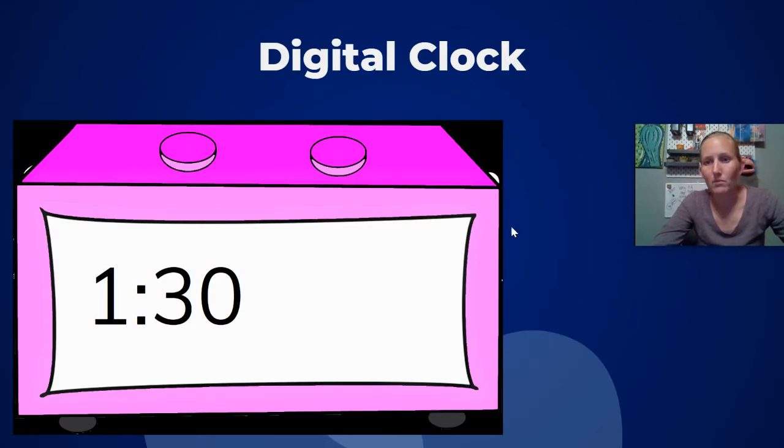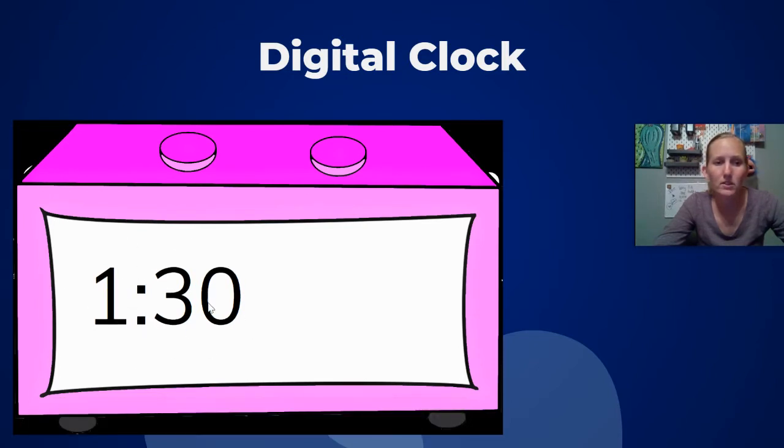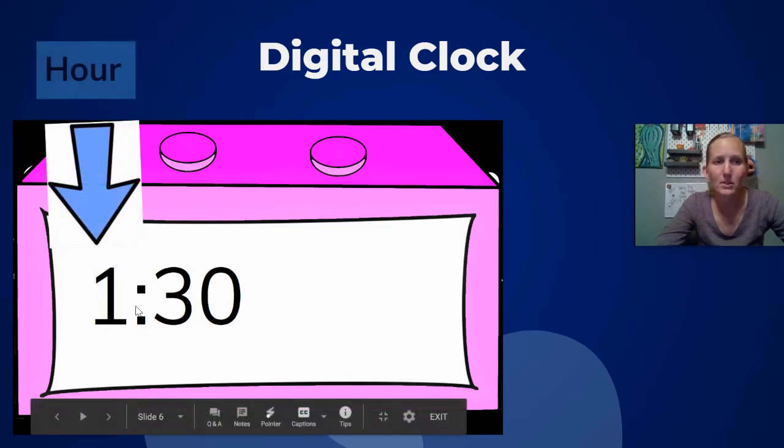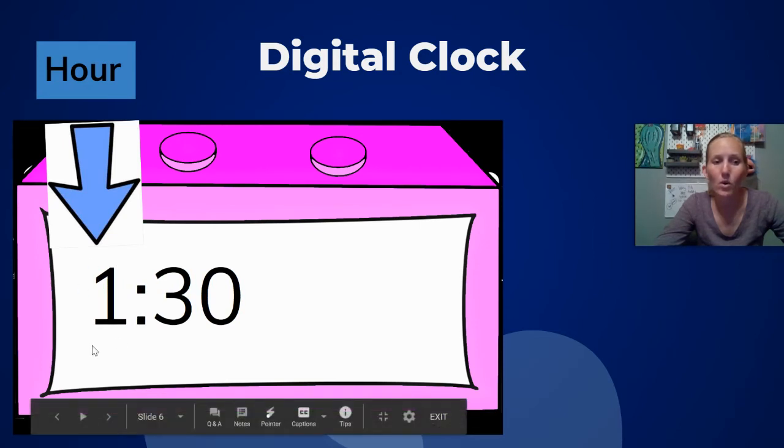All right, let's move into reading the digital clock. Let's talk about how you write time, and what each of these numbers represents. Take a look at this first number. This one is representing the hour. This is the hour it is, so it's 1 o'clock. Right here in the middle, these two dots are called a colon. Everyone say colon.